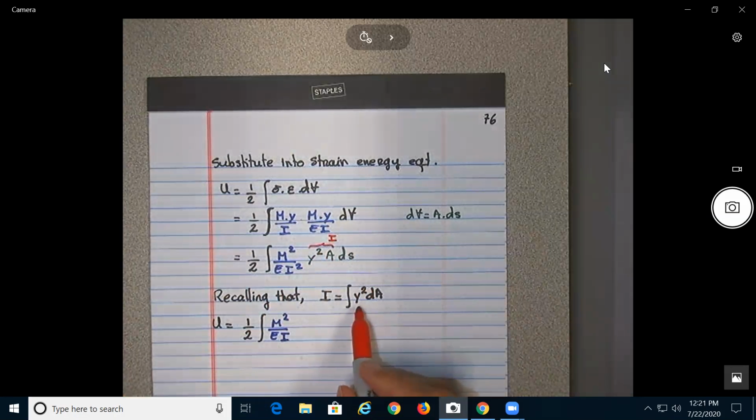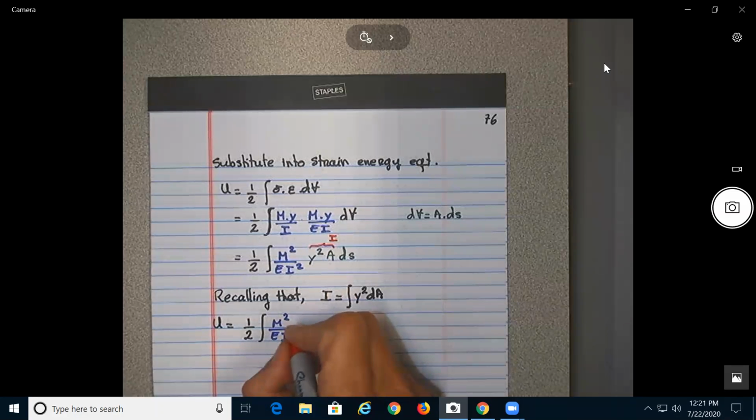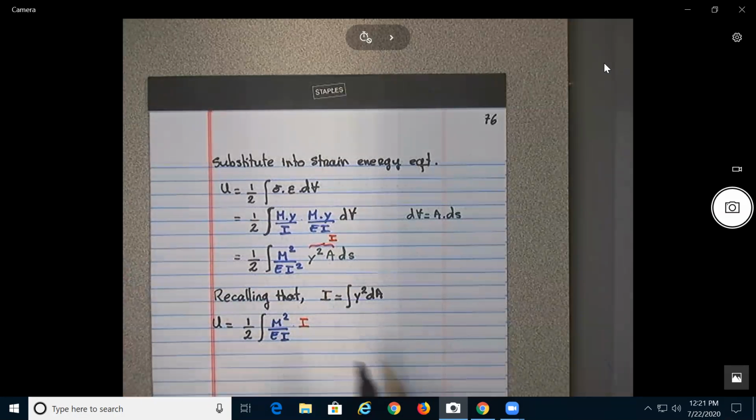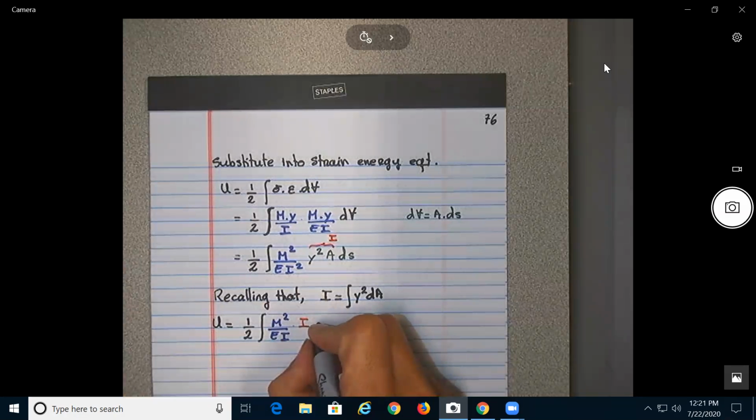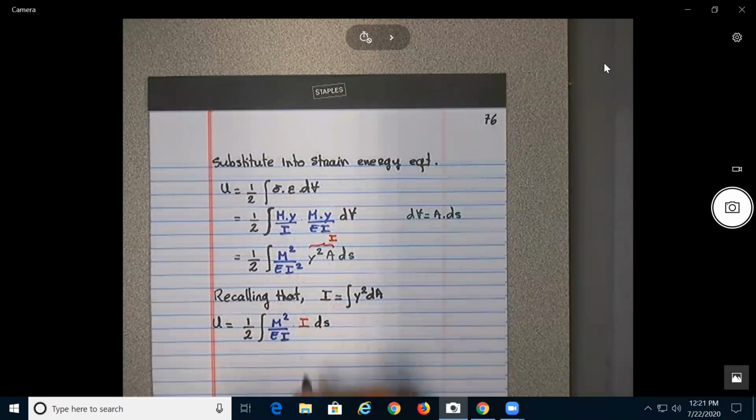You integrate this, same as this, y squared A, so this is times I, times ds.